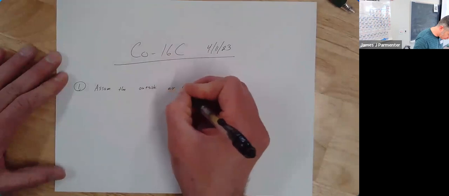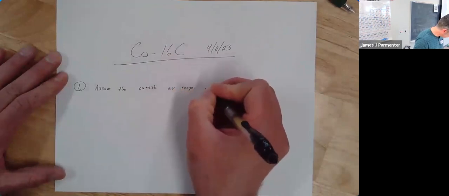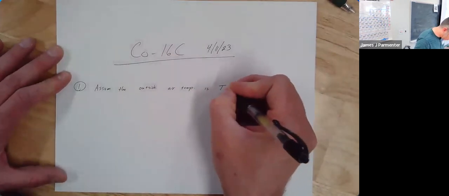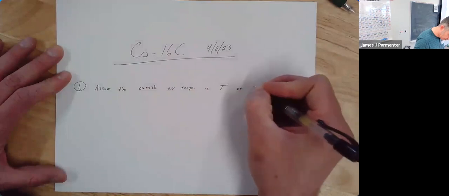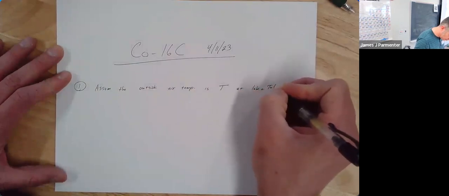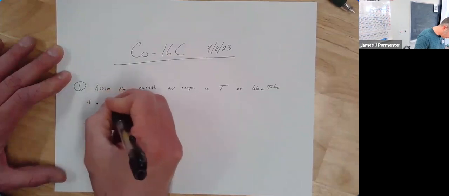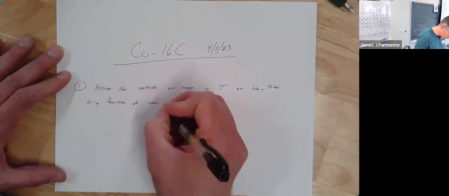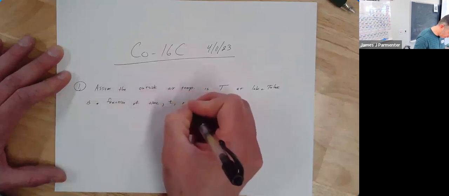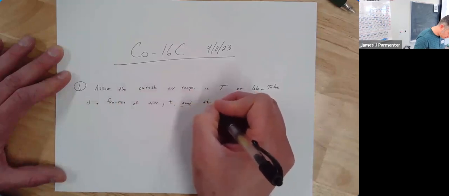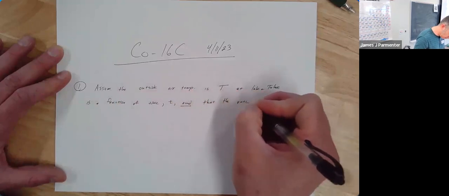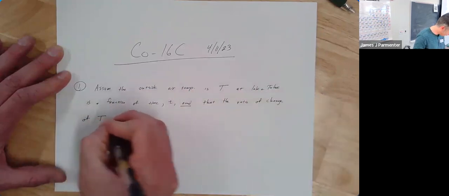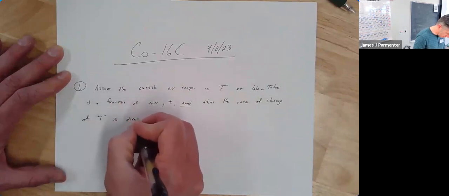The outside air temperature at Lake Tahoe, capital T, is a function of time, which we'll write as lowercase t, and that the rate of change of temperature is directly proportional.